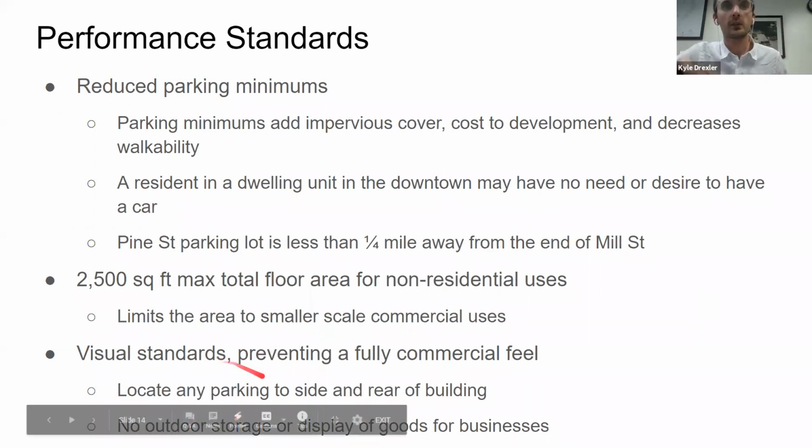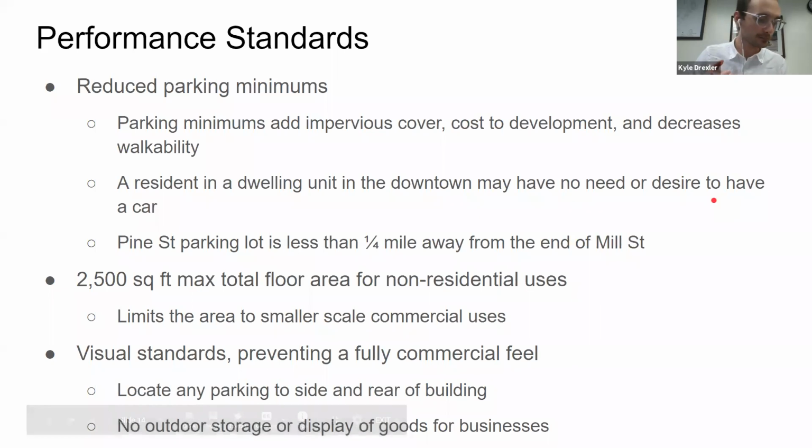So the last one here was more of a visual aesthetic standard, and it deals with preventing that completely commercial feel and still maintaining that more of a mixed use feel where the residential uses that were there didn't necessarily feel out of place. So if you were putting a business in, and you wanted to add some parking maybe, it would have to be located to the side or rear of the building.